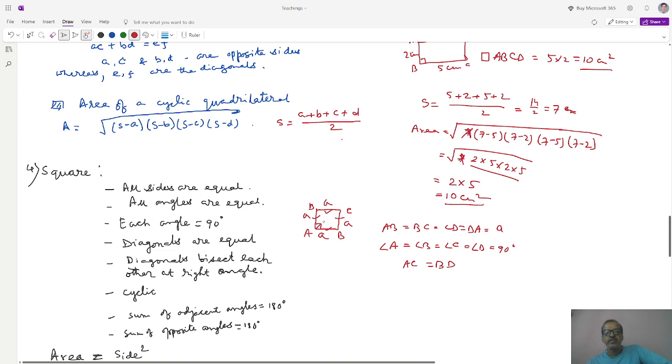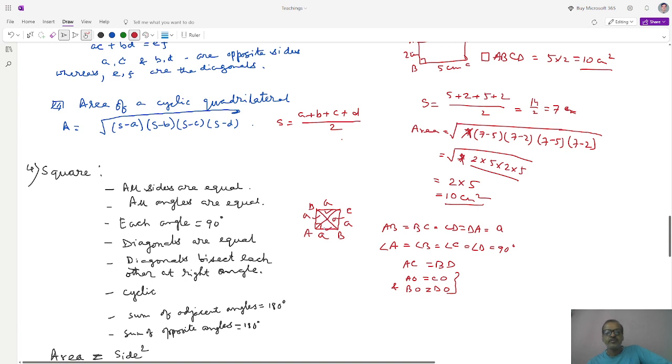There are two diagonals, AC and BD. These are equal and bisect each other. That is, AO equals CO and BO equals DO. They bisect each other at the intersecting point O, right?